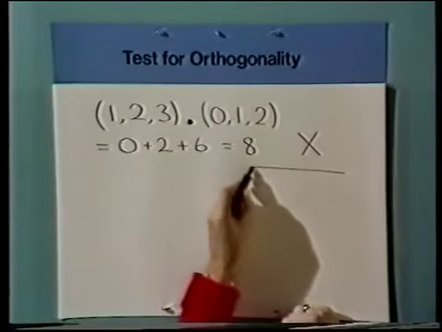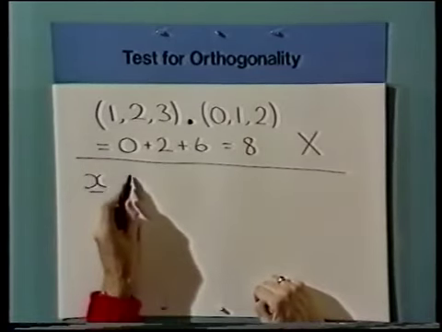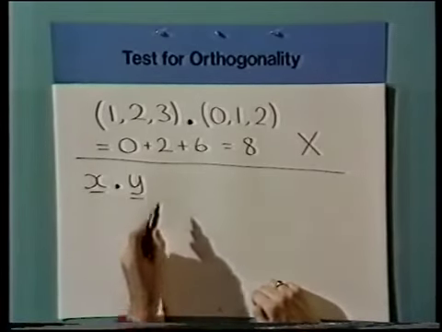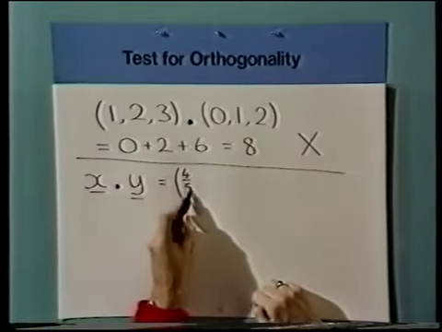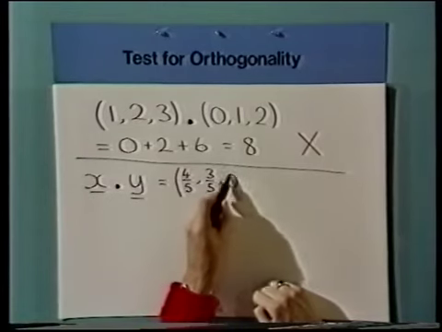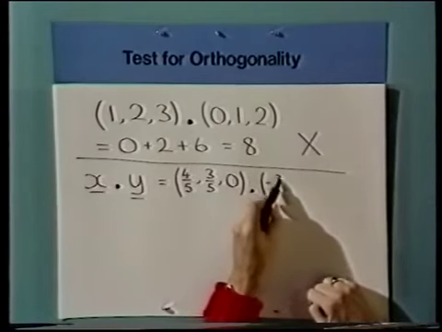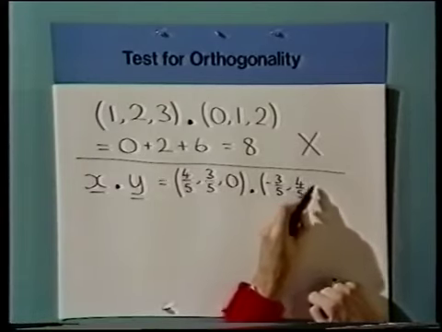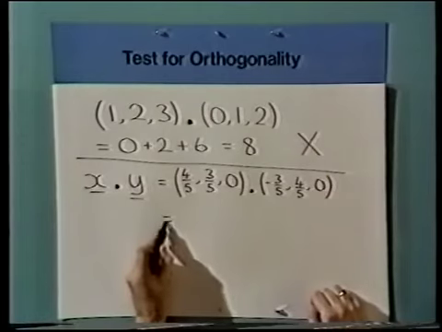Let's now try it with two vectors that we know are orthogonal. Let's take the vectors x and y and form their dot product. Well, x is (4/5, 3/5, 0) and y is (-3/5, 4/5, 0), and we do the calculation just as before.